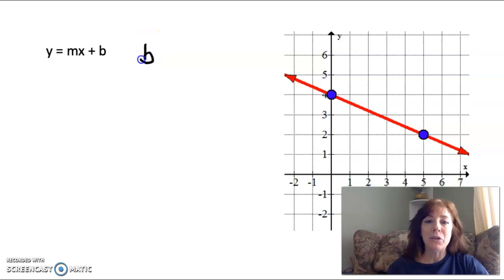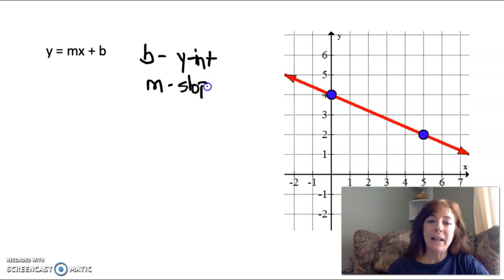b is your y-intercept, and m is your slope. The slope is how slanted the line is, and slope is what we know as rise over run.